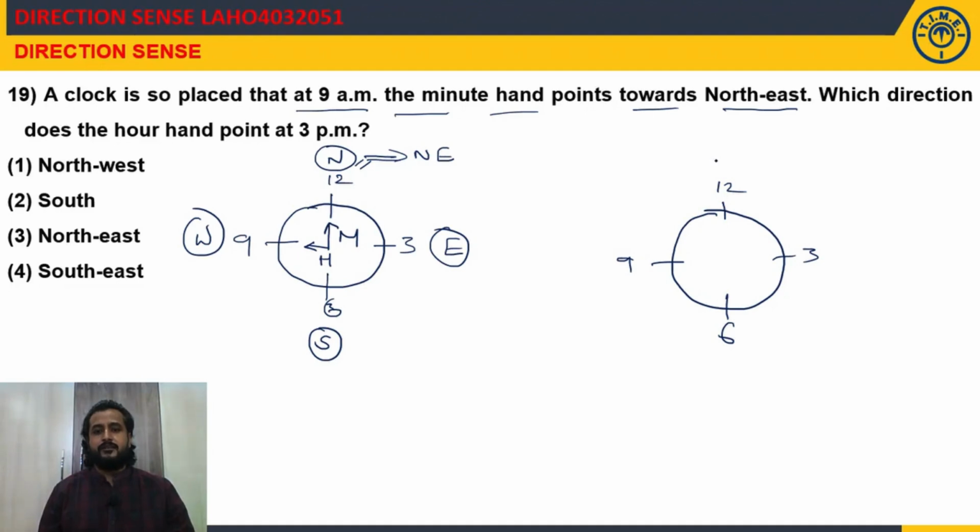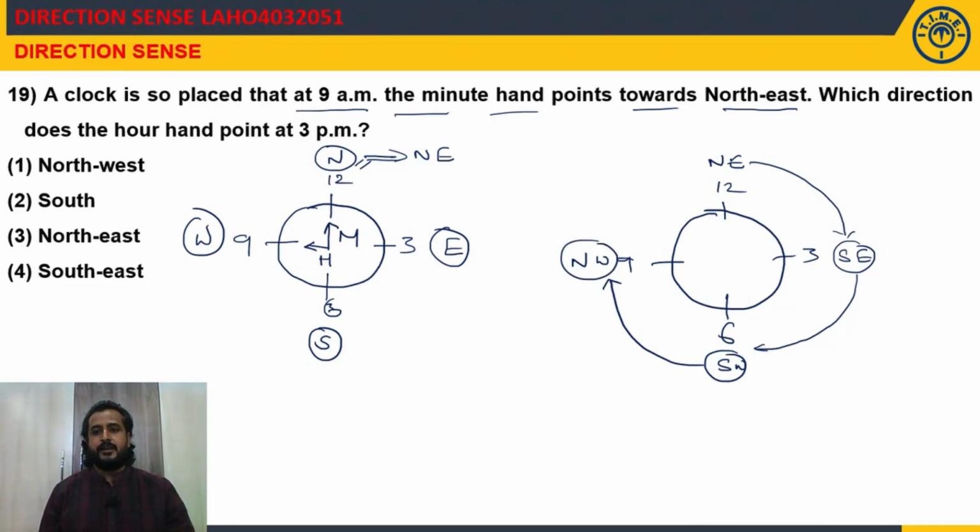So what is this direction given as? Northeast. Okay. So from the northeast, 90 degrees clockwise will be what? Southeast. From the southeast, 90 degrees clockwise will be what? Southwest. From the southwest, 90 degrees clockwise will be what? Northwest. So these are the basic directions.